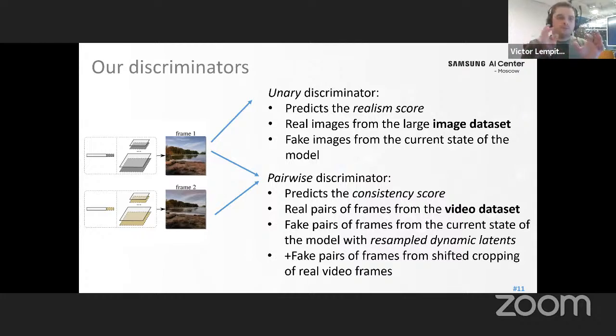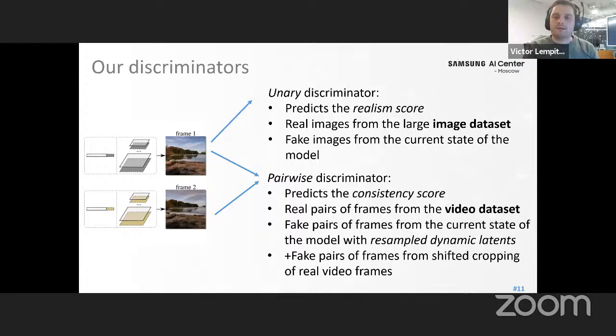So the pairwise discriminator assesses whether two images correspond to the same location in the video at different times. Here we take the same time moment from real video, take two different crops, and say they cannot be consistent.